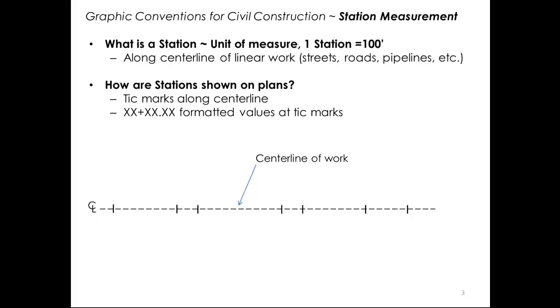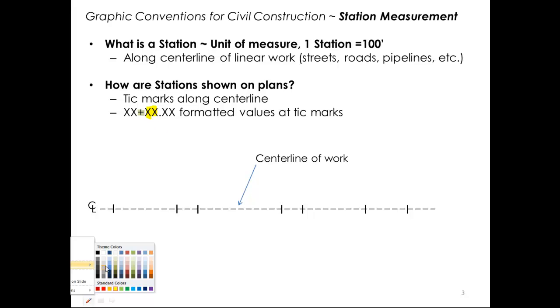The numeric convention for stationing we see up here: in the center of our value, we'll always have a plus sign. To the right of that plus is any value up to and including 99 feet.